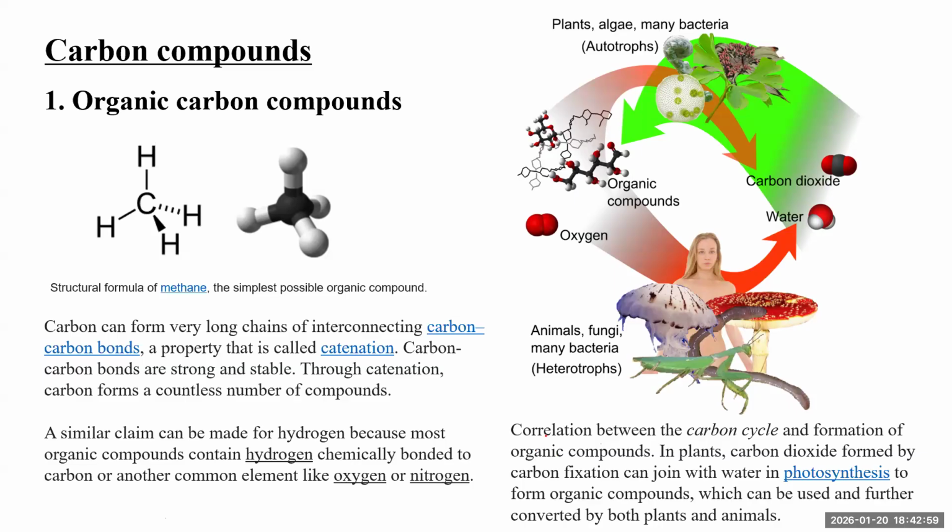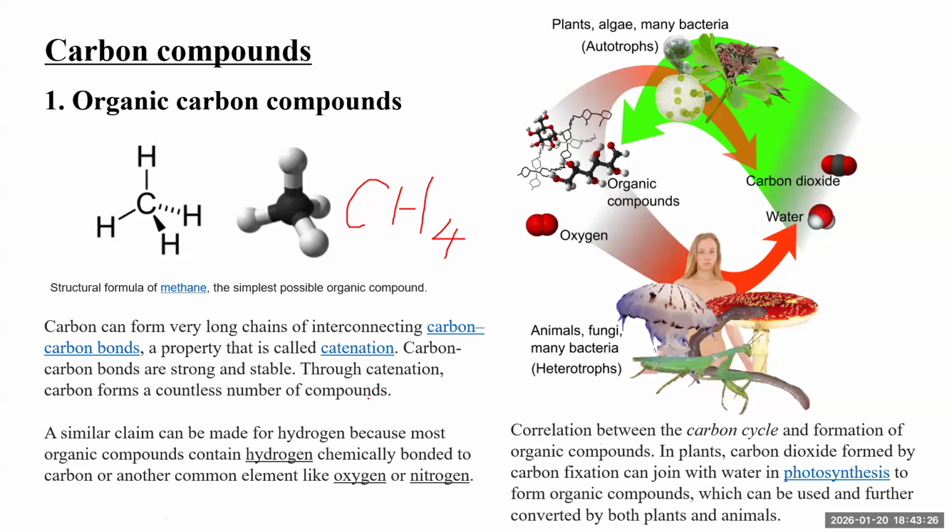These are called organic carbon compounds, and methane is the simplest possible organic compound. When we look at town gas, the main composition of the town gas in Hong Kong is methane.